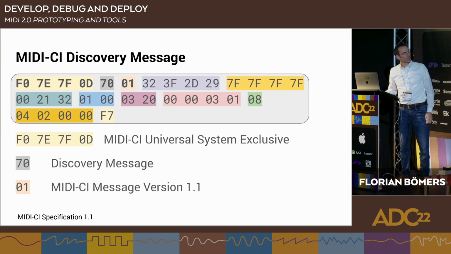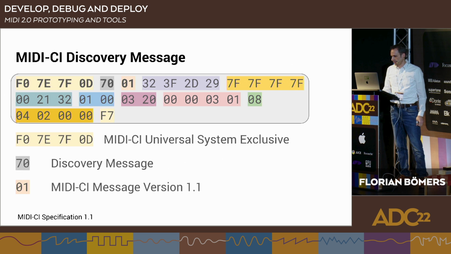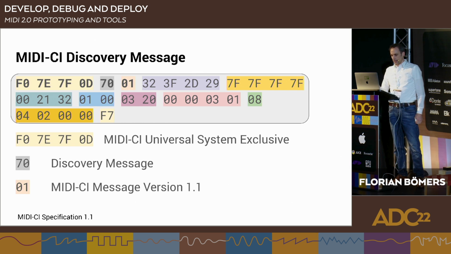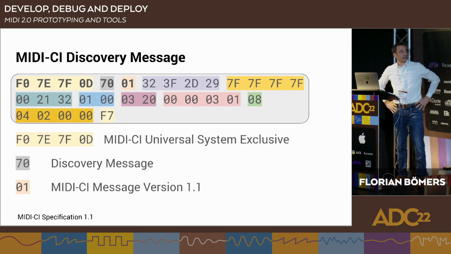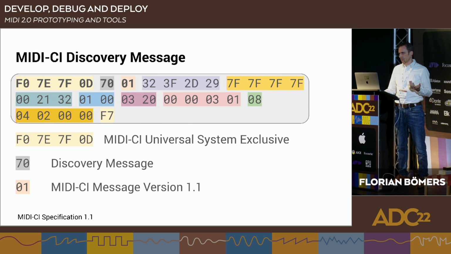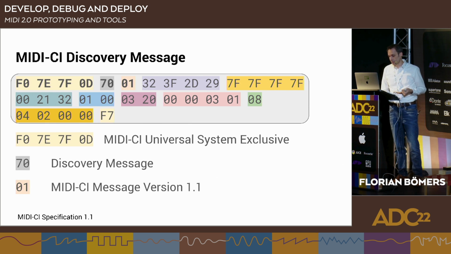So, a deep look into the discovery message. It's all SysEx. This is a hexadecimal representation. It starts off with the MIDI-CI Universal System Exclusive header. The 7.0 is the sub-ID code for the discovery message, and then we have a version field.